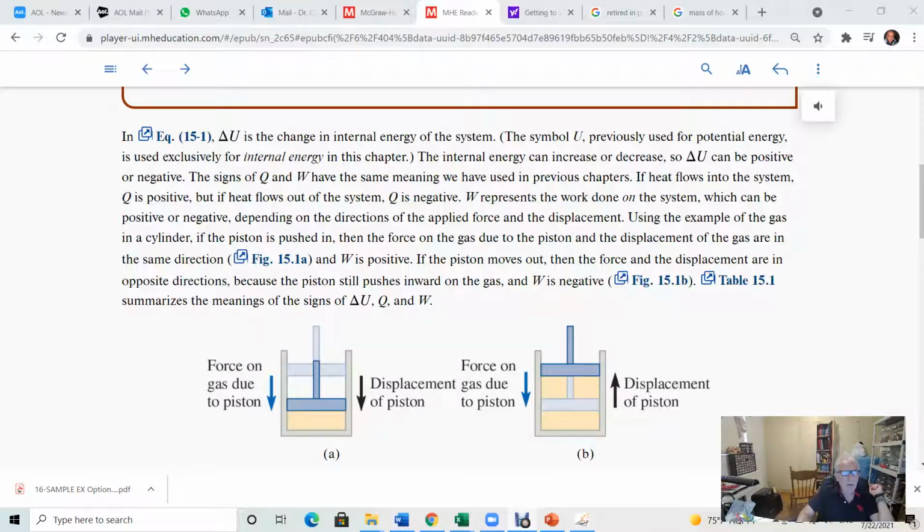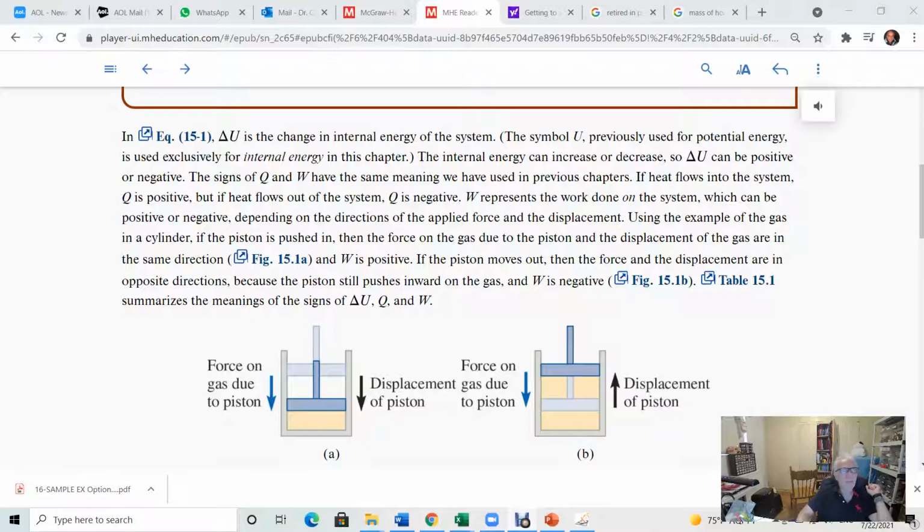Every internal combustion engine has a piston where the fuel is injected on the inside, and the piston moves back and forth. When the gasoline inside is ignited, it behaves like a gas. Then it's a question of finding out whether the work done on the system is going to be positive or negative.